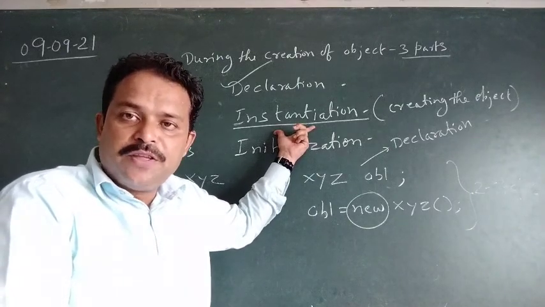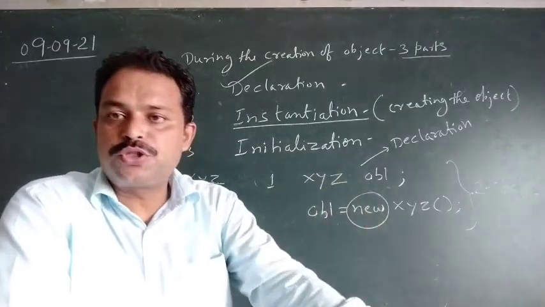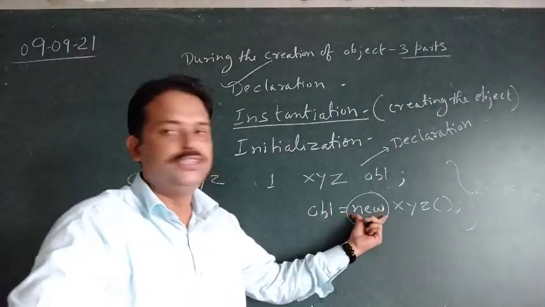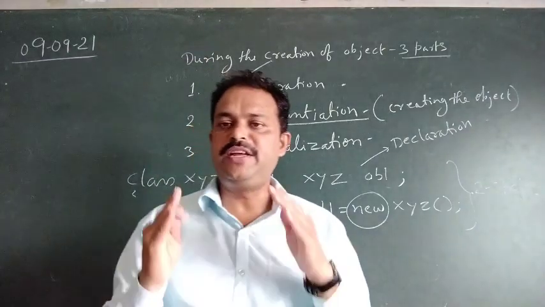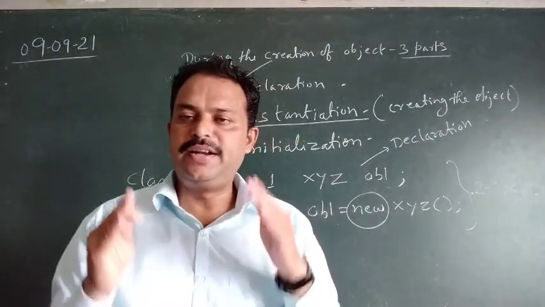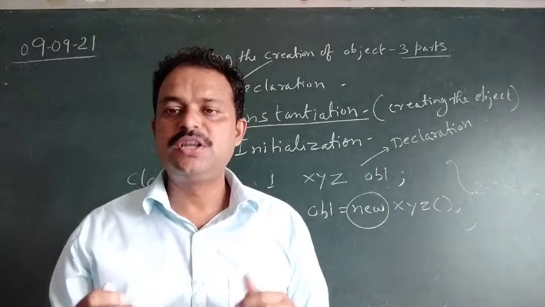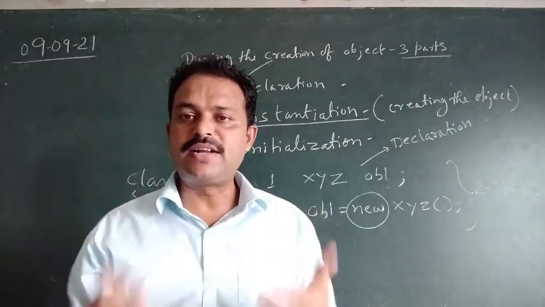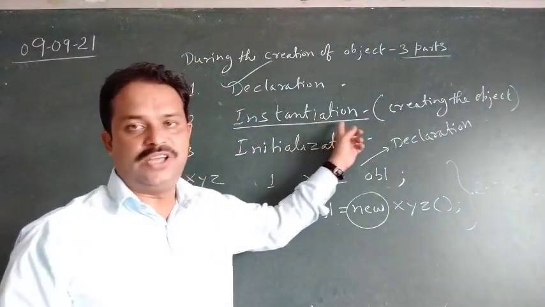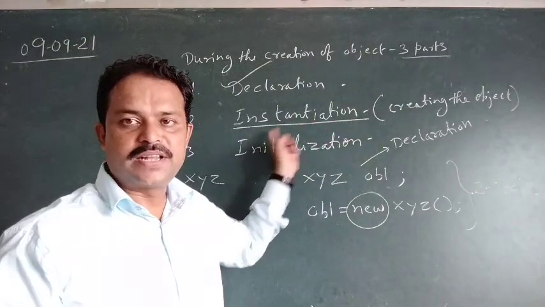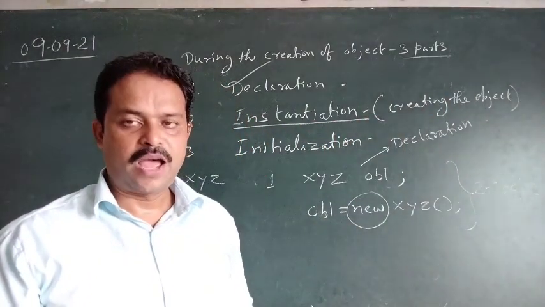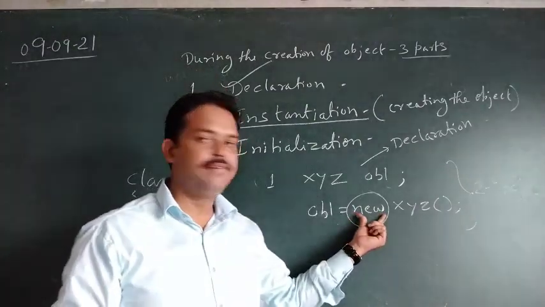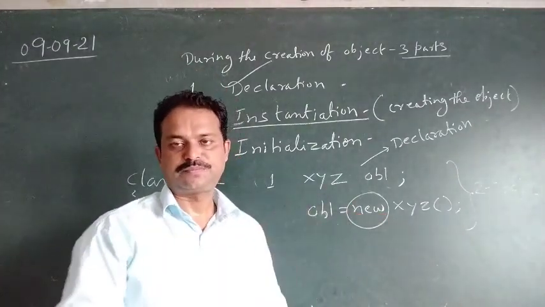So which keyword or operator do we use to create the object? new. Though we know the answer, we could not tell it because we had not understood the meaning of instantiation. So what is the meaning of instantiation? Creating the object. And how do we create the object? By using the keyword new.